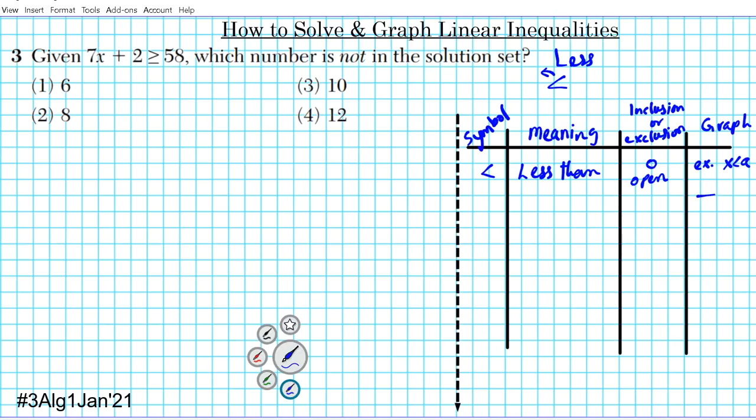If we want to graph that, we have a particular a value here. x < a means you go to the left of a, all the values that are less than a, excluding a. This open circle means the right-hand boundary is excluded from the solution region. So that's the story with less than.